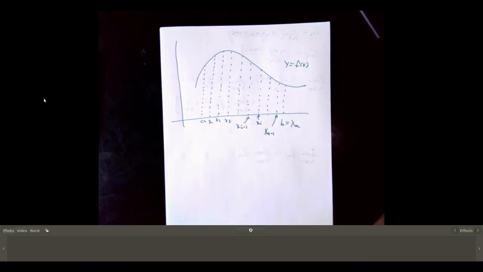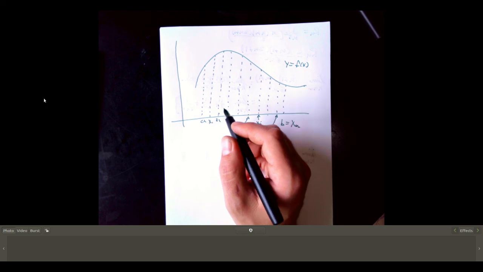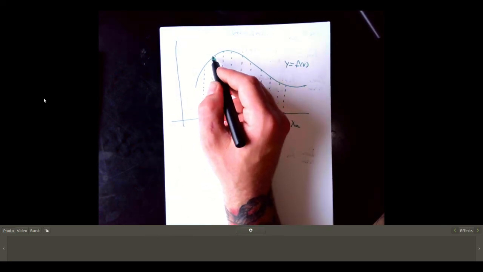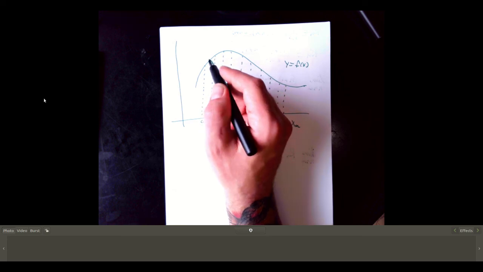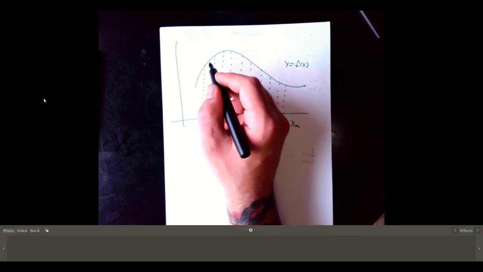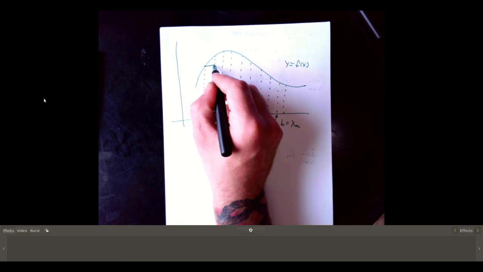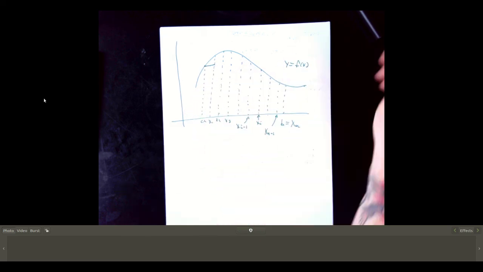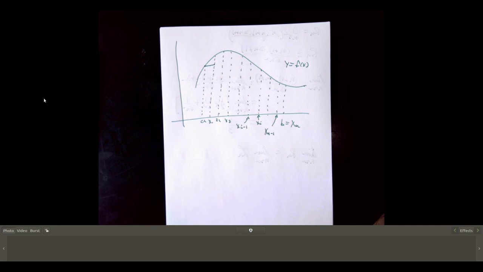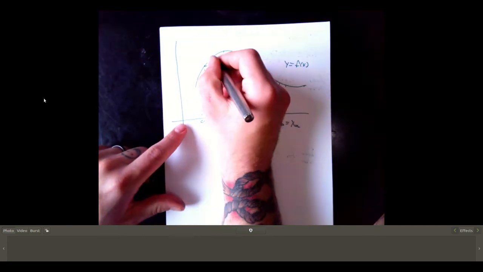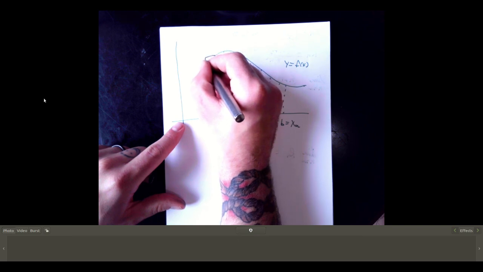So, our idea is that we want to get our heights. We want to somehow approximate this area. And we've done this in a couple different ways. We've used our left endpoint to get this rectangle. We've used our right endpoint to get this rectangle.